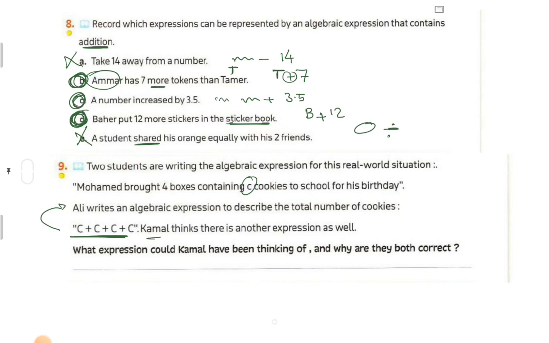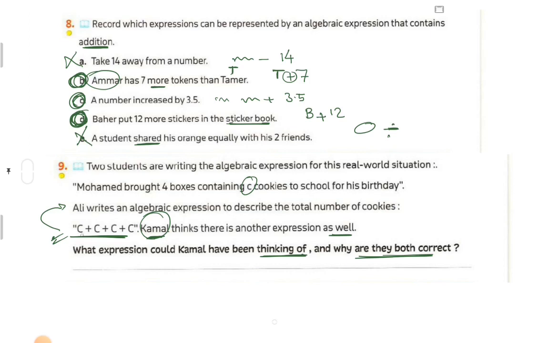But Kamal thinks there is another expression as well. He needs to write it in another way. What expression could Kamal have been thinking of? And why are they both correct? This is a correct expression. And we need what Kamal thought of to write.